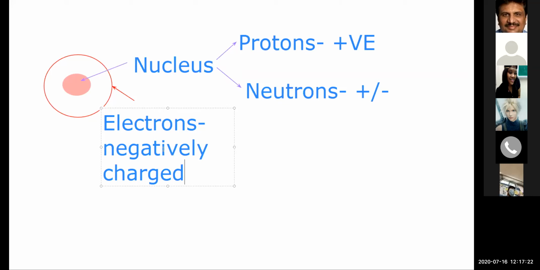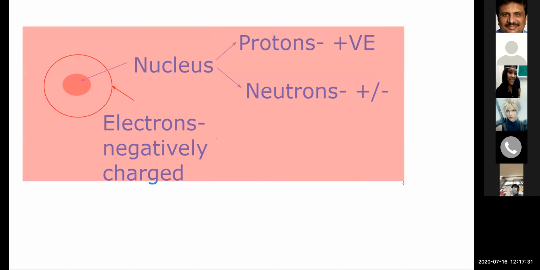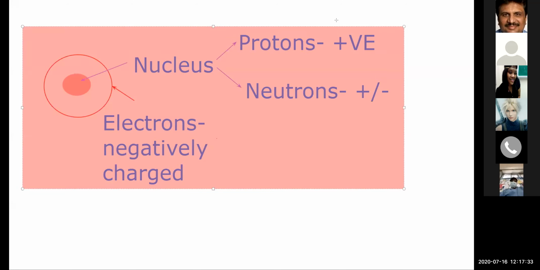So what is the net effect? The net effect is that the overall charge on atoms is neutral. An atom is a neutral entity because the positive and the negative charge balance each other.